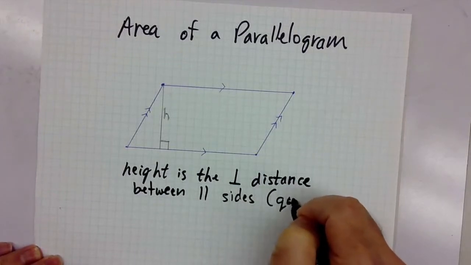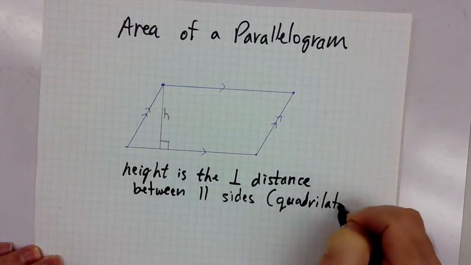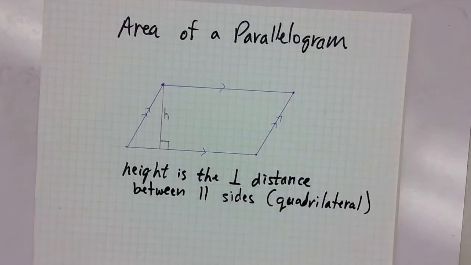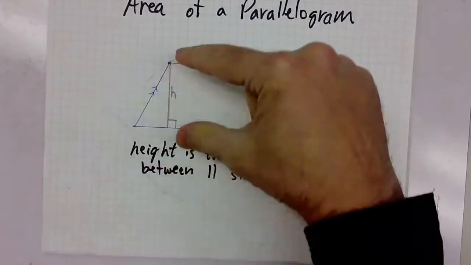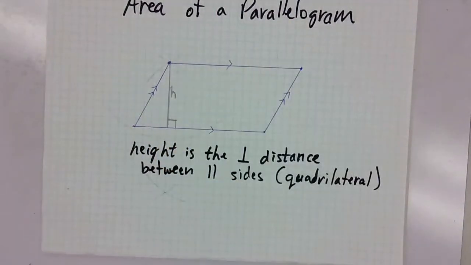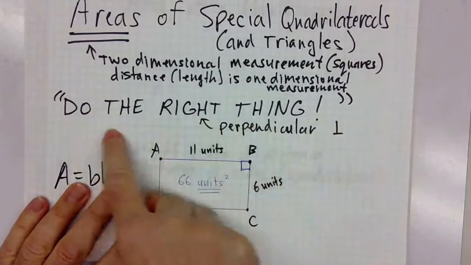And I'm talking about quadrilaterals here. It's going to be a little different in a triangle. So it's the perpendicular distance between these parallel sides. Now, why perpendicular distance? So we can do the right thing.